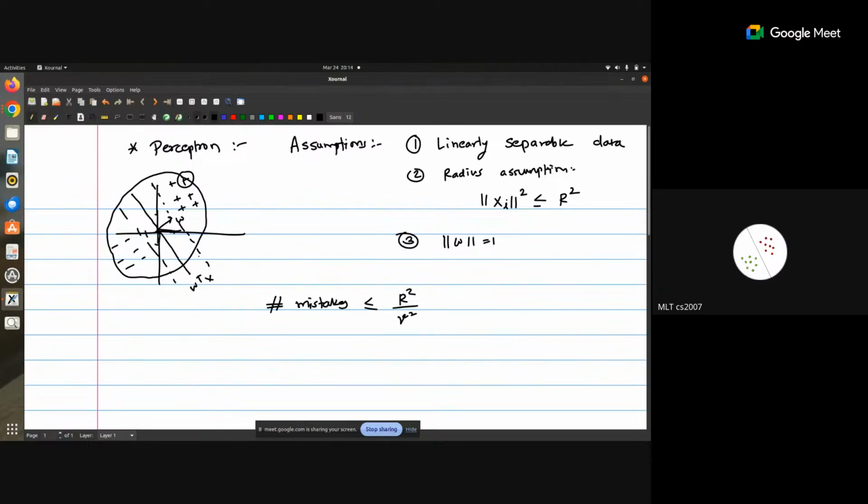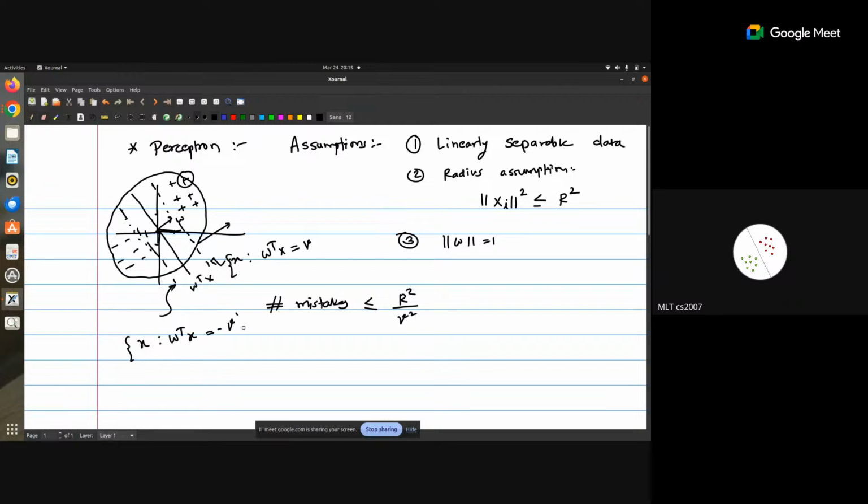This line represents all the data points where W transpose X equals gamma, and all the points on this side will be W transpose X greater than gamma. All the points on this other line will be W transpose X equal to minus gamma.